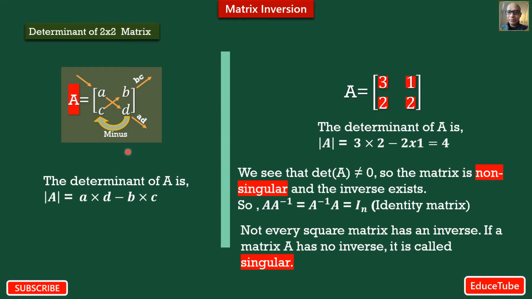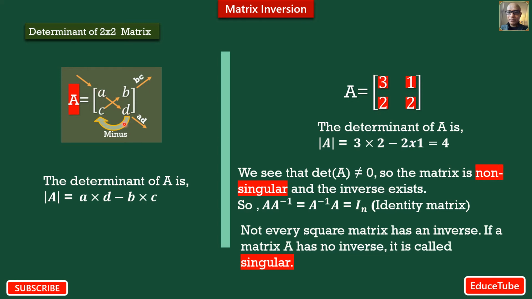Now we shall find the determinant of a 2 by 2 matrix. How? This is a 2 by 2 matrix A, B, C, D, 4 elements.